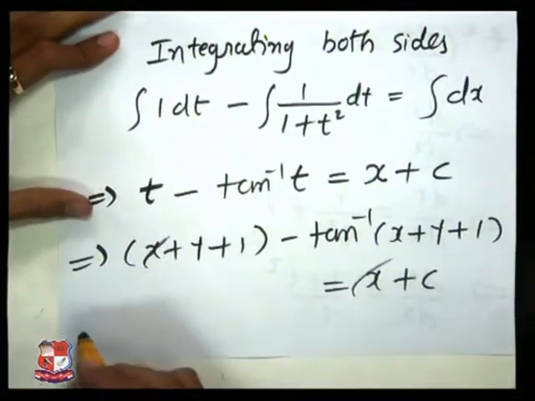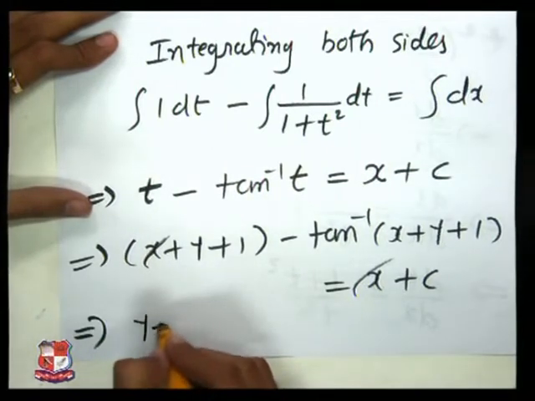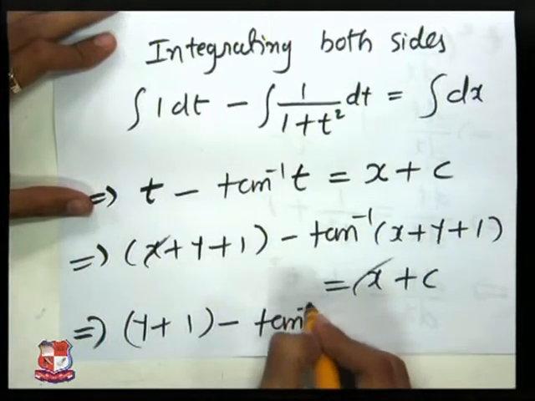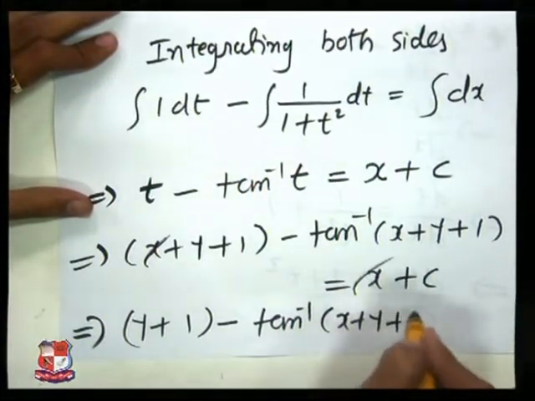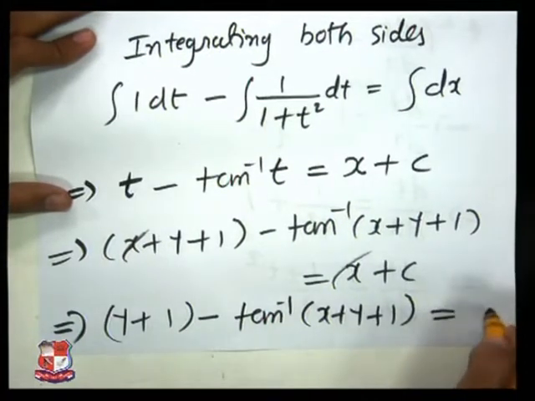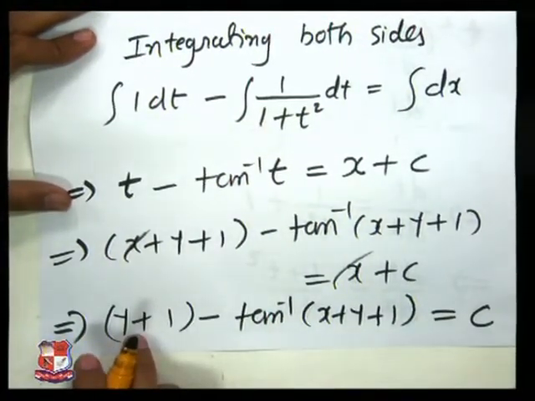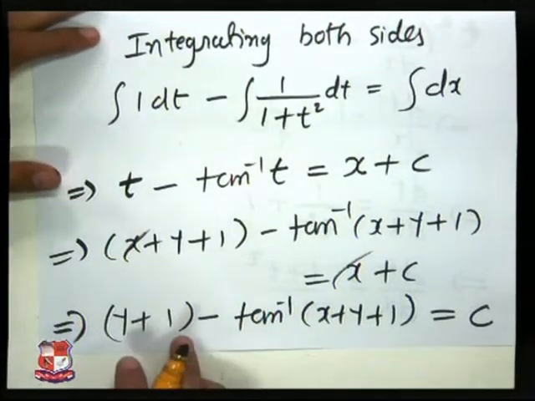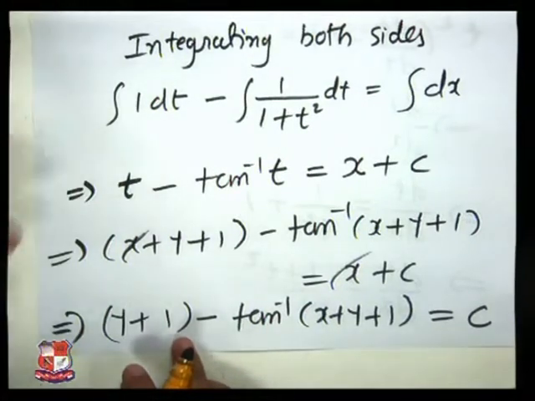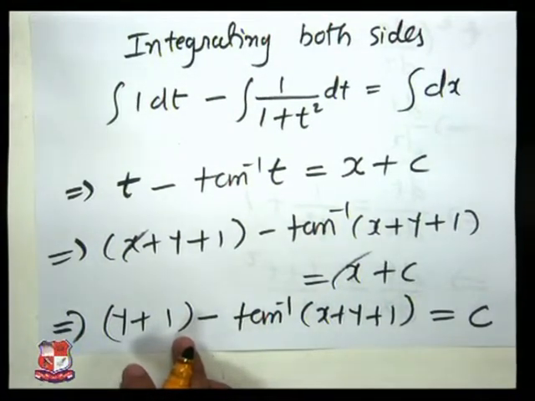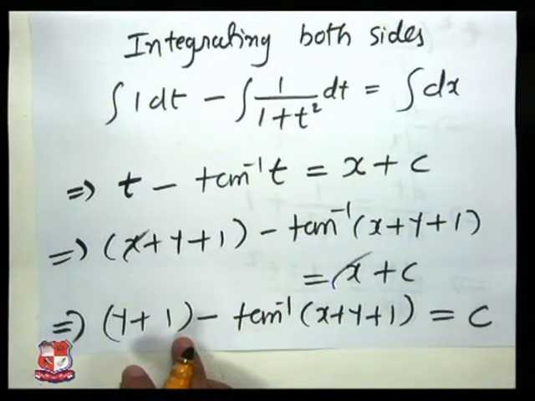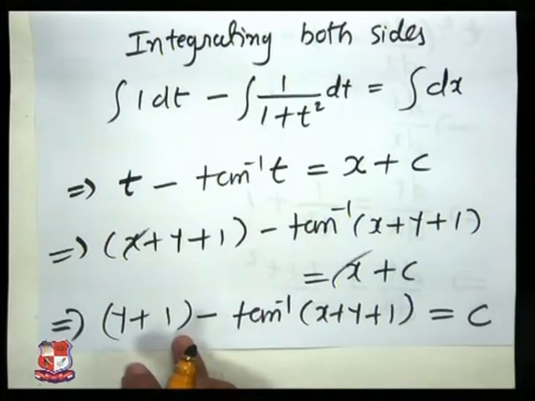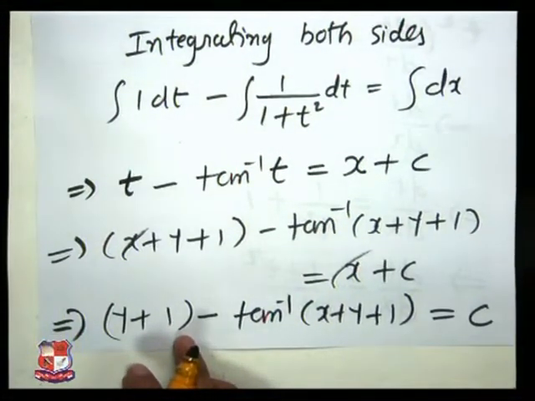Then the final solution is y plus 1 minus tan inverse of x plus y plus 1 is equal to c, which is the required solution of the differential equation. So in this way, by using the method of substitution, we can solve the differential equation. This is the solution of the second question of question number 5b.